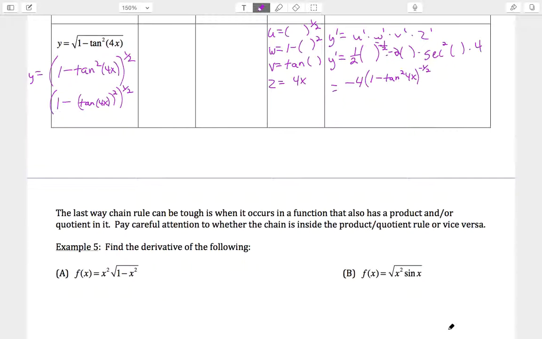It doesn't matter what order because it's multiplication. Now we've already taken care of all of our constants, so we're just plugging in 4x here. This would be tan 4x, not squared. You simplify in an order that makes more sense to you. All right, we'll leave it there.